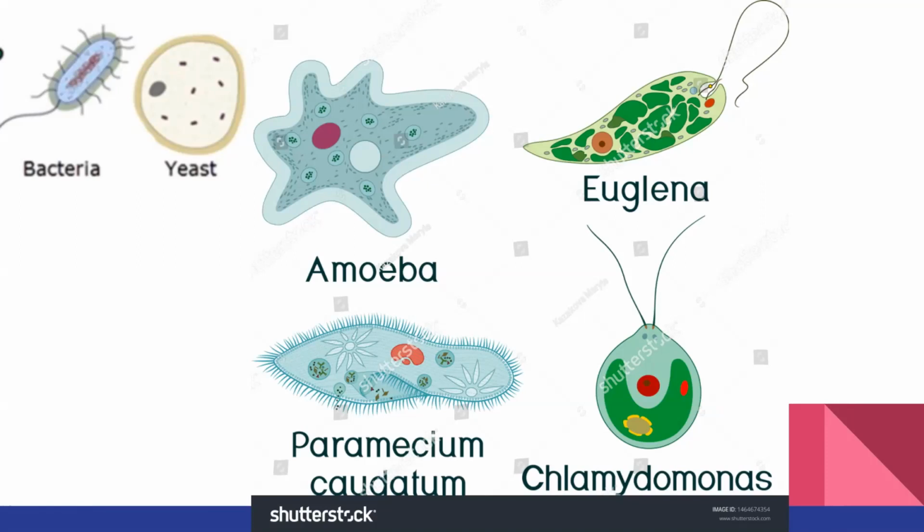So although made up of a single cell, they perform all the activities necessary for life. That is, they grow, they show movement, they digest the food, they give out waste, and they reproduce. All these activities are carried out by a single cell, just like the multicellular organism does.